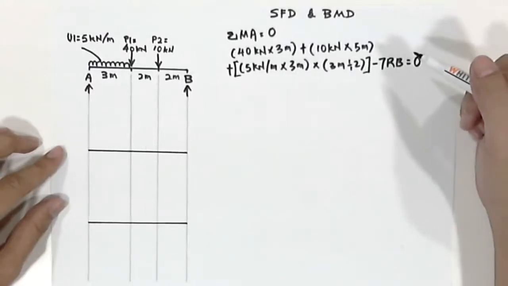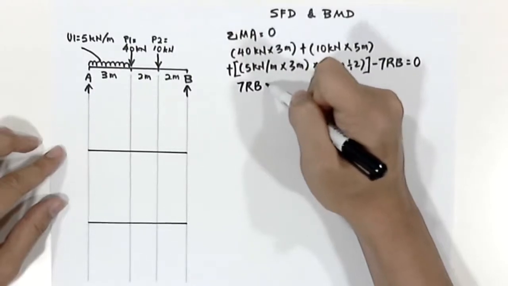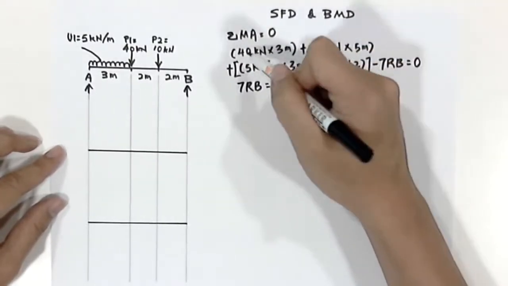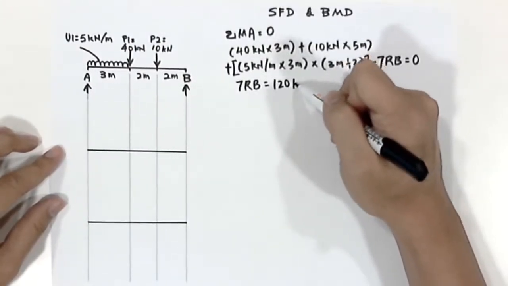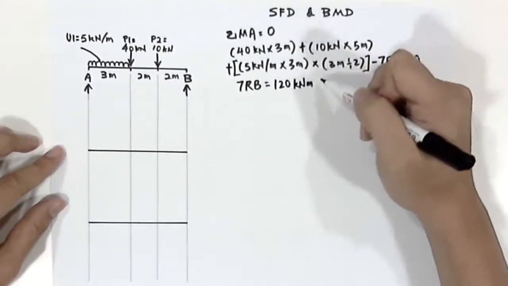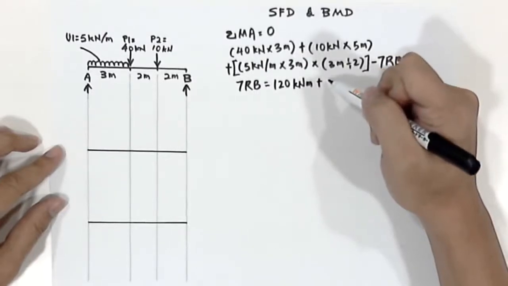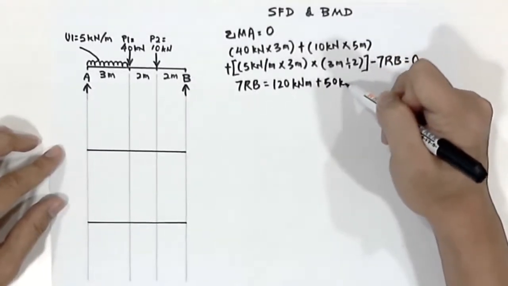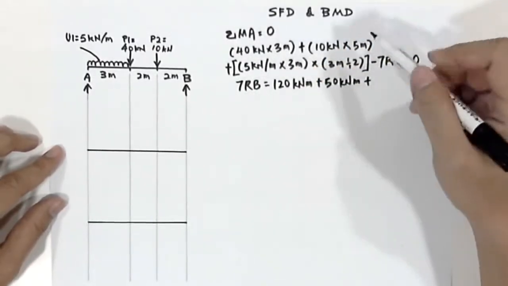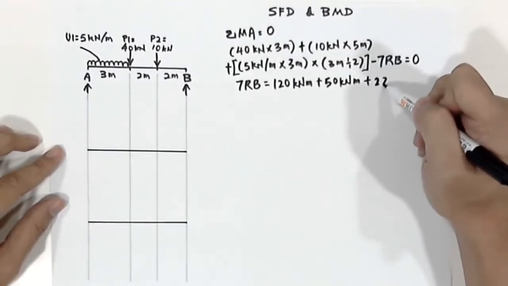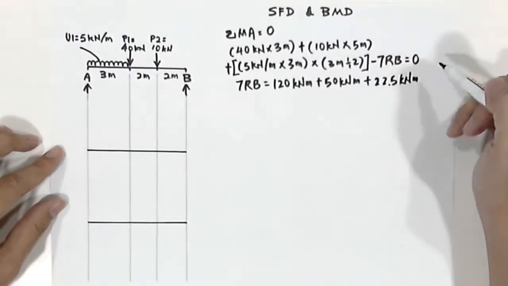So we rearrange the equation in a way that 7 RB equals 40 times 3, which is 120 kilonewton meter, plus 10 times 5 meter, which is 50 kilonewton meter, plus, if you sum up all this, it will equal 22.5 kilonewton meter.